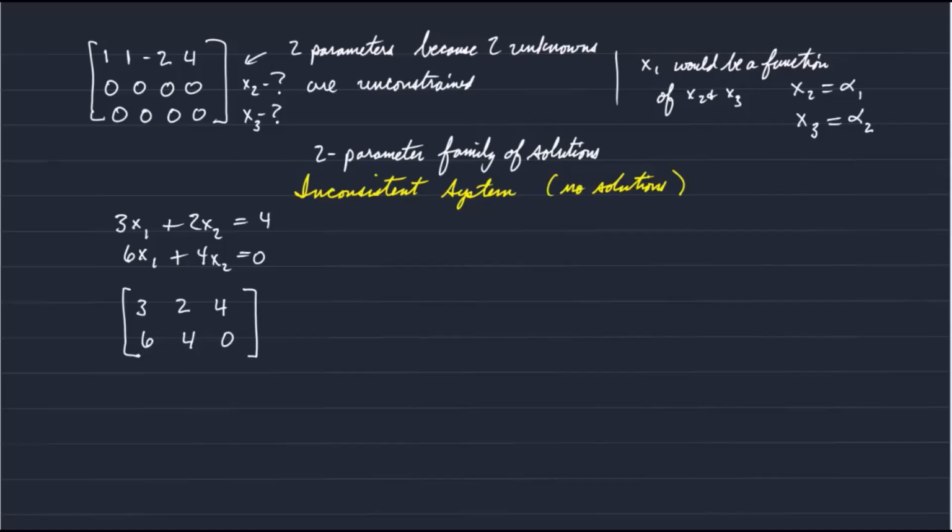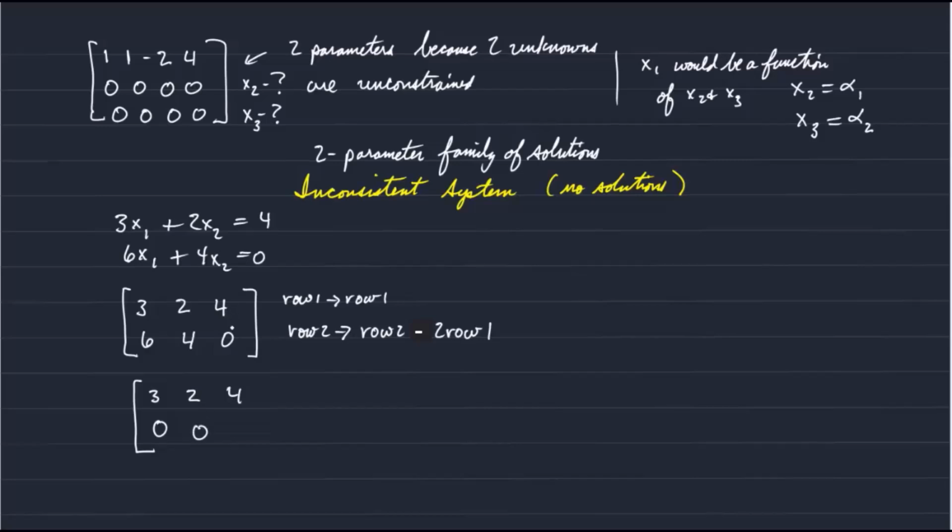We now need to zero out our second row's first entry, so we'll keep row 1 the same, and we'll take row 2 and transform it by subtracting from it 2 times row 1. Oops, let me write down the first row first. 2 times 3 is 6, and when we subtract that from 6, we get 0. 2 times 2 is 4, and when we subtract that, we get 0.